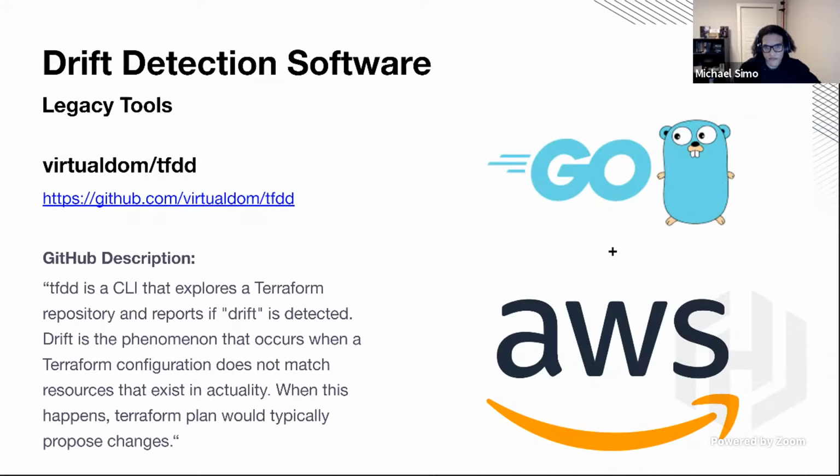So if I had an EBS cloud storage volume created and it wasn't defined in Terraform, it would give you a notice, or at least the intent was to give you a notice, that these things exist in the cloud but are not present in your HCL.